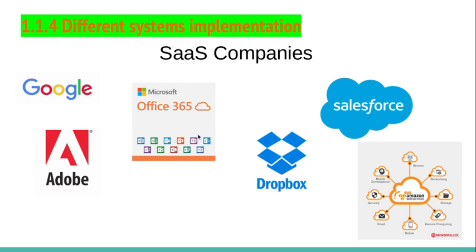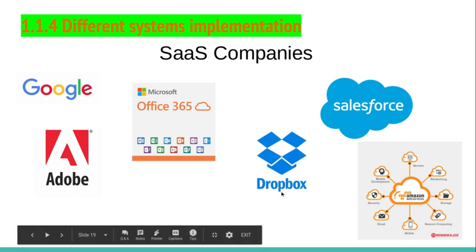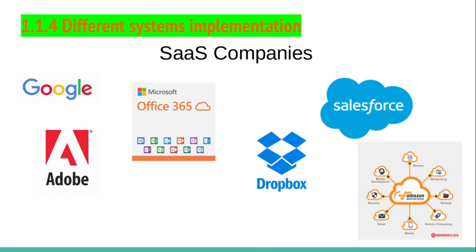Okay, Office 365. We also have this. If you go to your student portal, you have access to Word and PowerPoint and all those things, but in an online setting, right? So nothing is installed on your computer. You can access it as long as you have an internet connection. Some of you have used Dropbox to save files. Adobe has online services for photo editing and things like that.